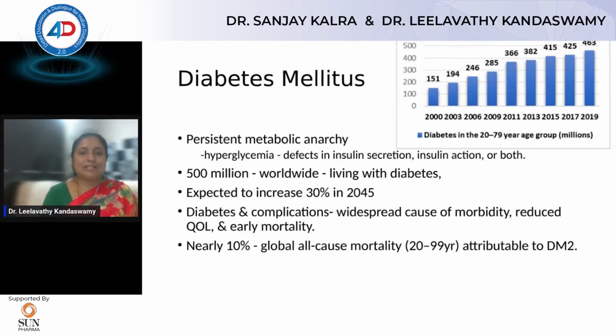Coming to diabetes prevalence globally, 500 million people worldwide are living with diabetes, and this is expected to go up by 30% by 2045. Diabetes and its complications are a widespread cause of morbidity, which can affect quality of life and cause early mortality. Nearly 10% of global all-cause mortality in the adult age group is attributed to type 2 diabetes.